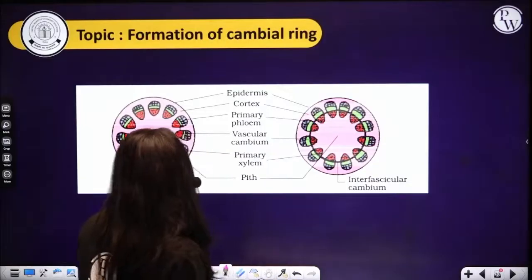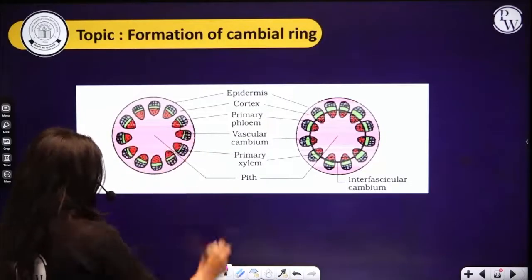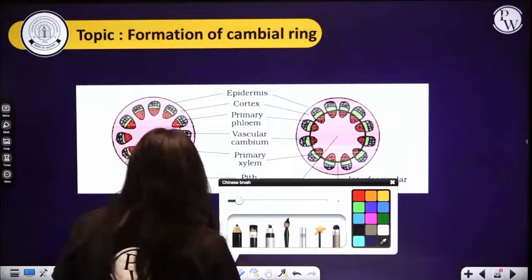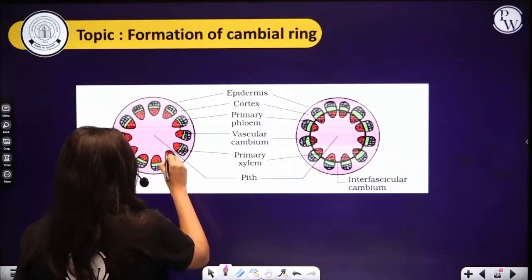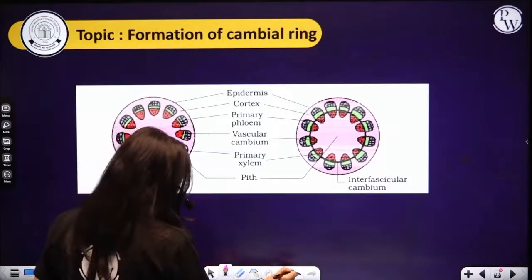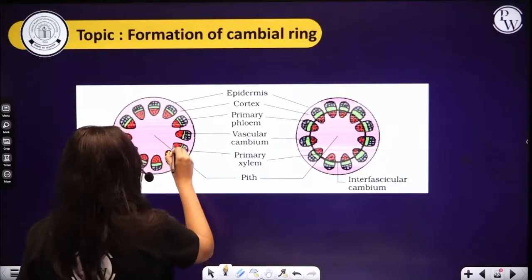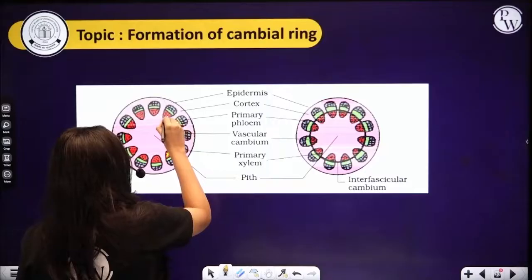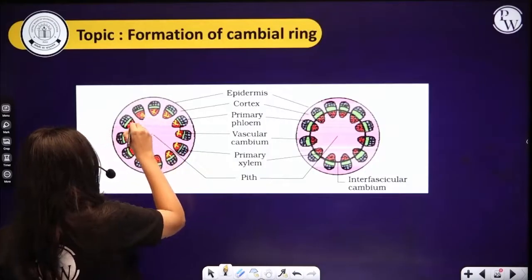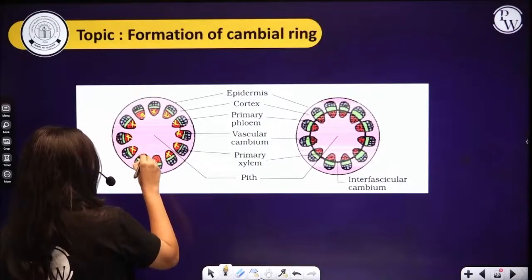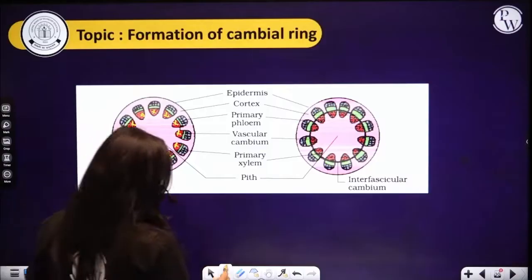All right. So over here, we have vascular bundles arranged in the form of a ring. Within each vascular bundle, you have xylem towards the center. I'll use a different color. So we have xylem here throughout. Basically, this is primary xylem that was present since the beginning of the life of the plant.